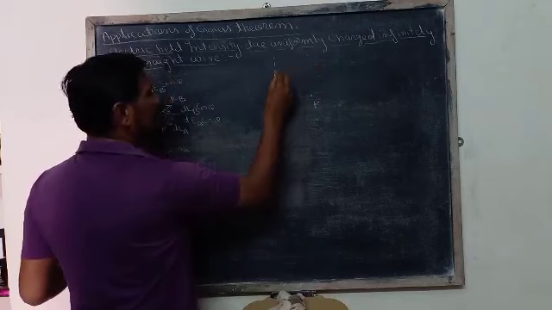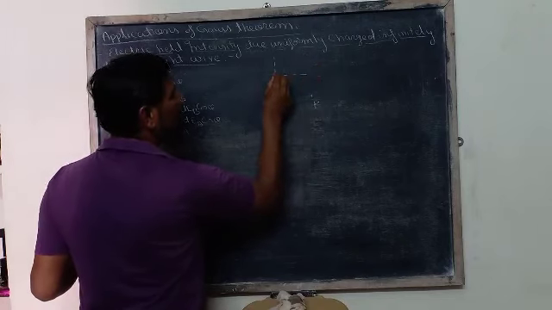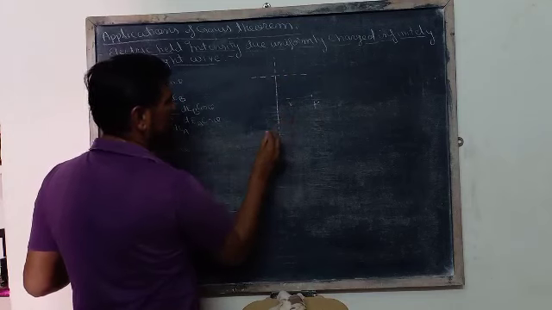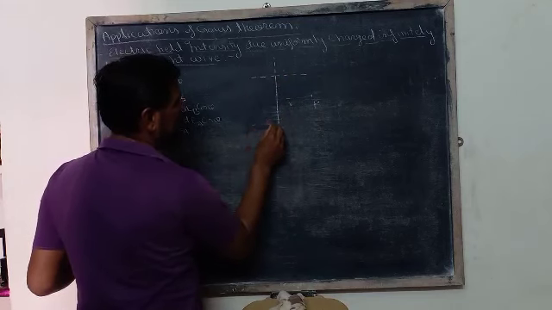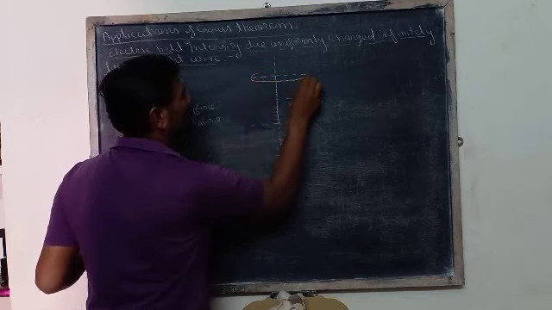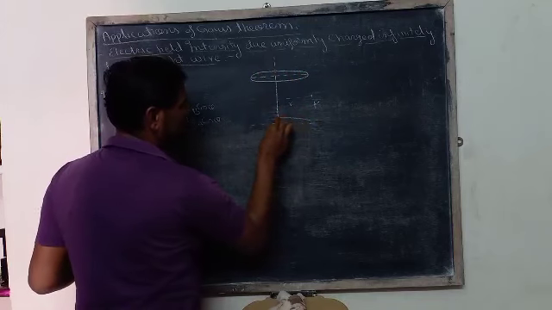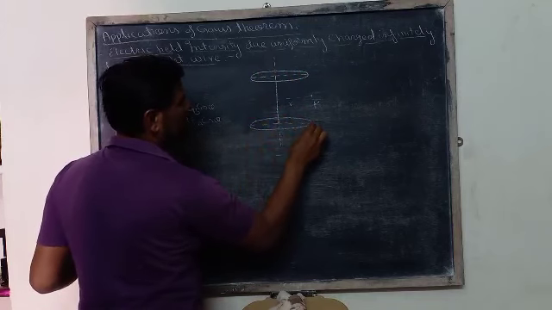Now we consider a cylindrical Gaussian surface of radius r and length l.